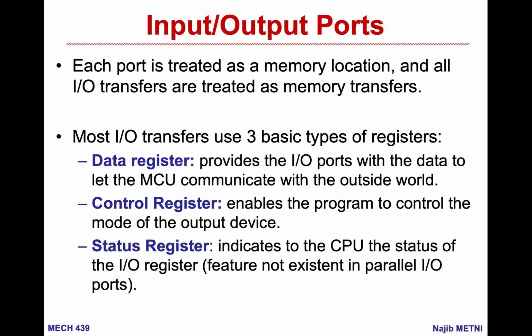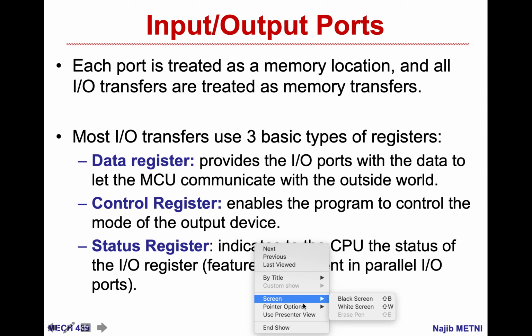This is the register where, if I put 0, this pin will output a ground. If I put 1, this pin will output 5 volts. So this is the data register. The control register is a parallel register that will tell me if this pin is used as input or as output. I will not talk about the status register now.